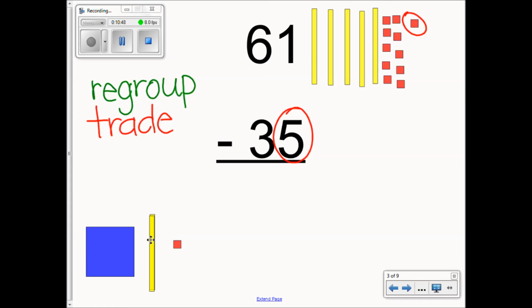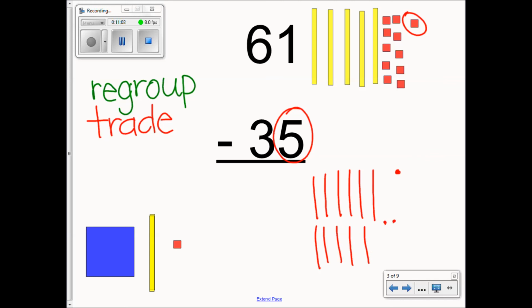I still have 61. I just regrouped it, or grouped it in a different way. 61 can be 6 tens and 1 one, or 61 can be 5 tens and 11 ones, because these 10 ones represent that 10 long that I traded for. Got it? Yes, ma'am.